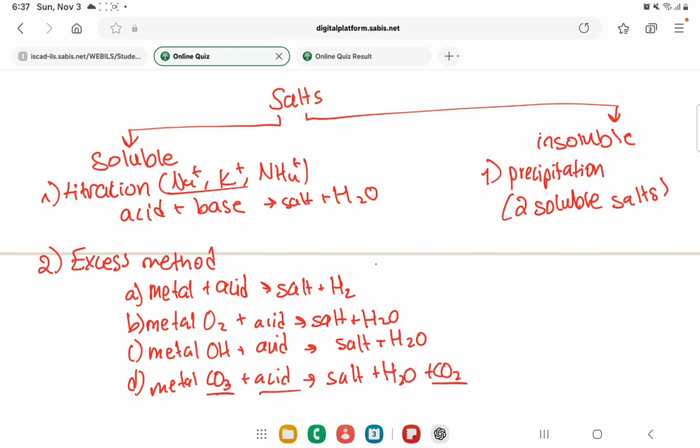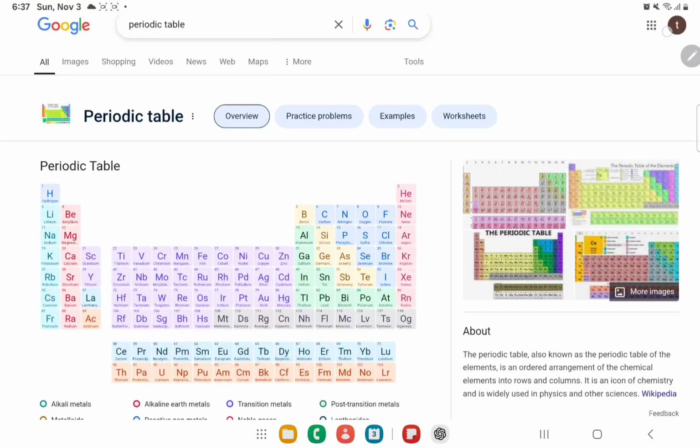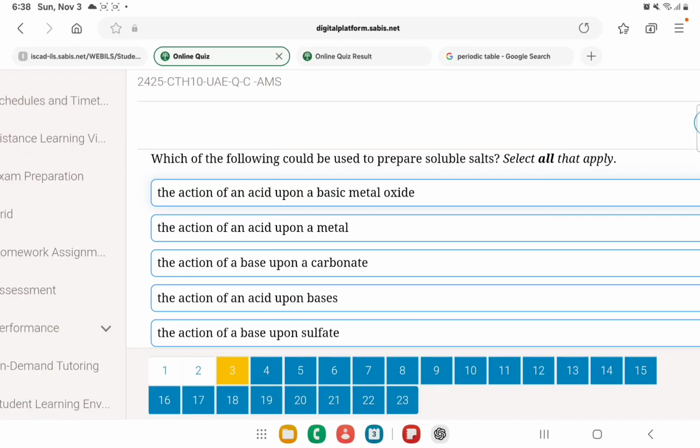By the way, take a screenshot because you're probably gonna need this, or if you have it in your notes, please just revise. By the way, this is the group, yeah? It's alkali. Okay, again. So, the action of an acid upon a basic metal oxide. Yep. Because again, you remember in the excess method, acid and metal oxide, you can use that to make a soluble salt.